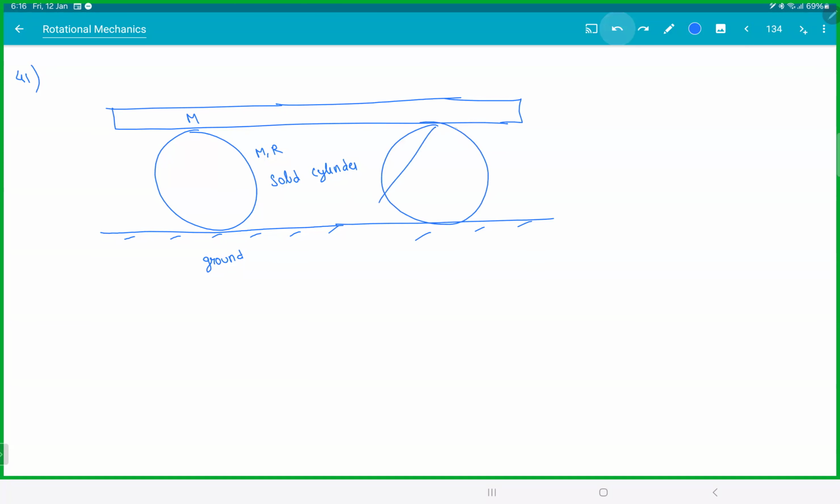There, both are solid cylinders, MR. No slipping. Both the solid cylinders MR, plank is also M, and someone is applying force F. Find acceleration of the plank. No slipping at any surface.